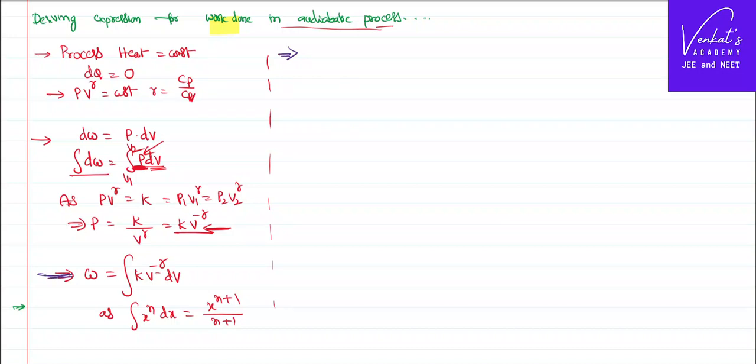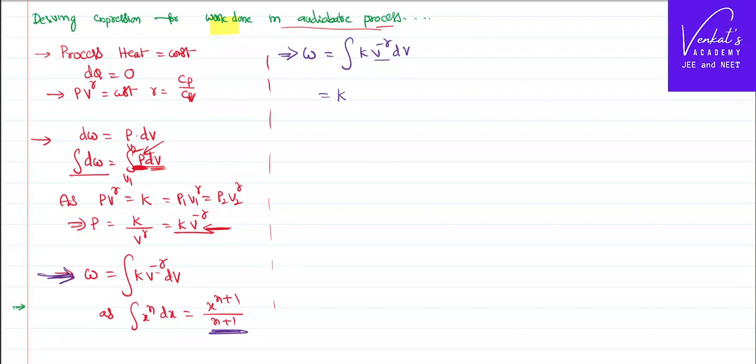From this equation further, work done W equal to integral of K V^(-gamma) dV. So I can write K outside the integration.